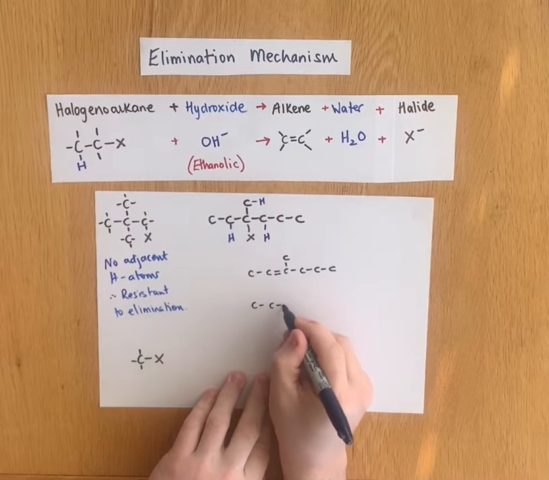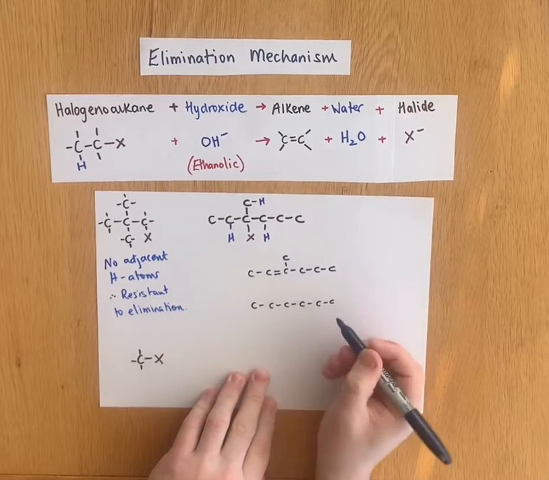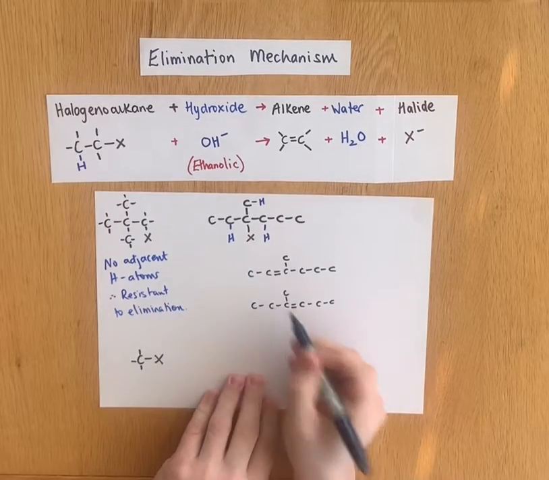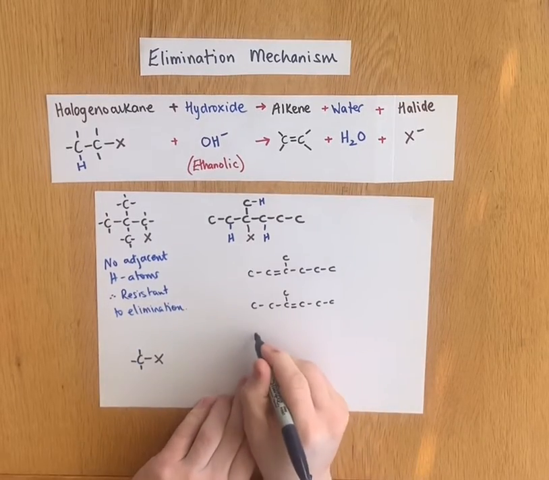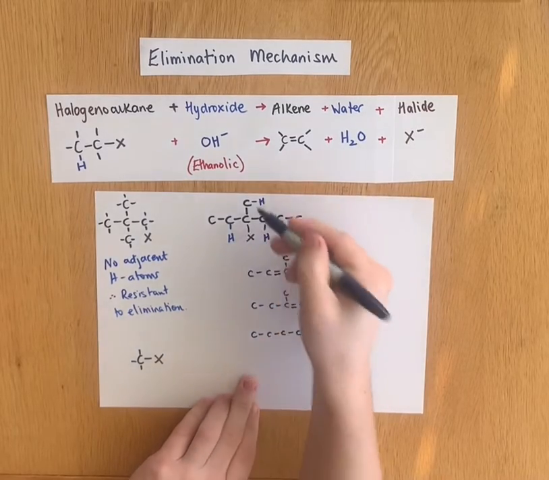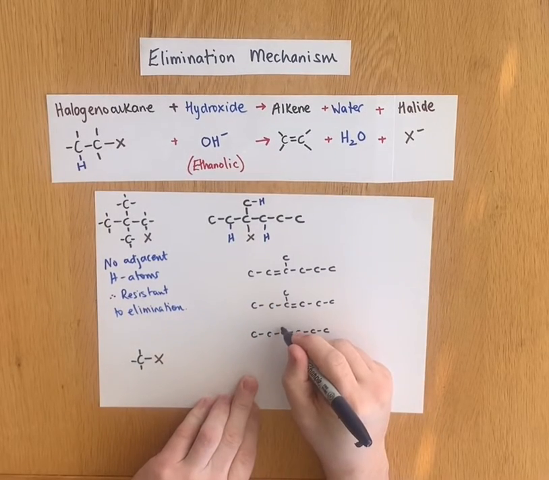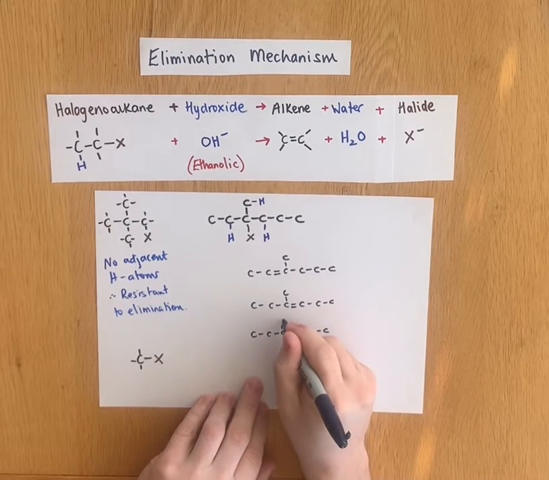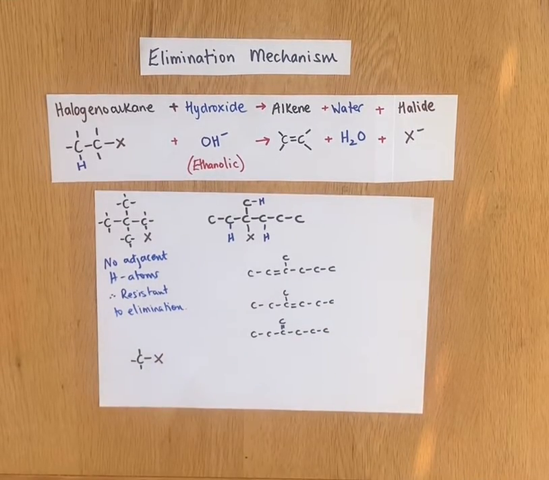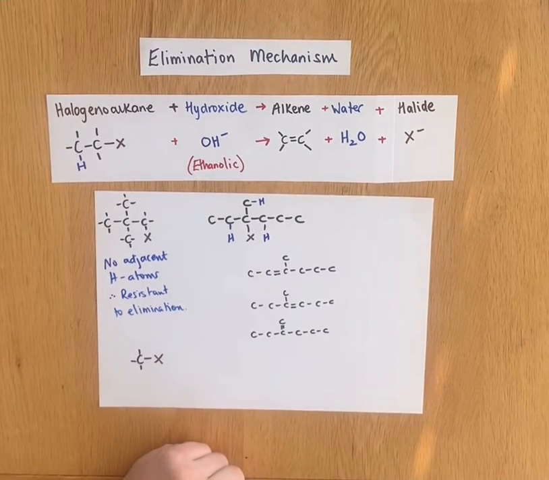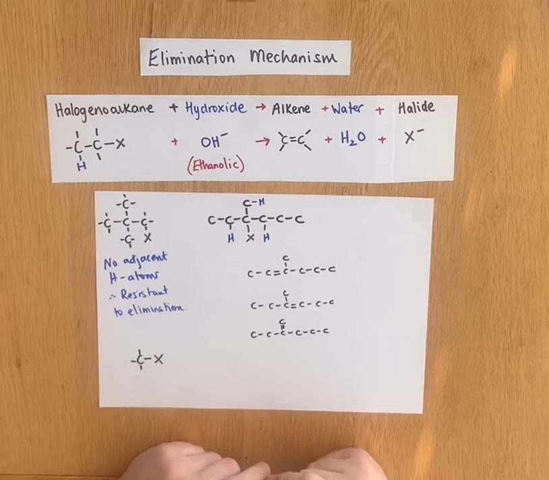Or I could eliminate that way. They are different compounds. Or I could eliminate with my third potential adjacent hydrogen atom, like so. And that gives me 3 different products.